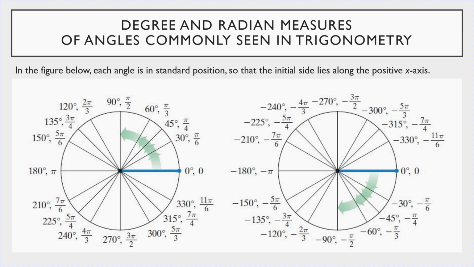So a 30-degree angle is the same thing as pi over 6 radians, and you can keep going. I won't go through all of them. A 150-degree angle is the same thing as 5 pi over 6 radians. And then you have the flip side here with the corresponding negatives. Please print this out and have it handy. This is a very important table. It's very helpful.